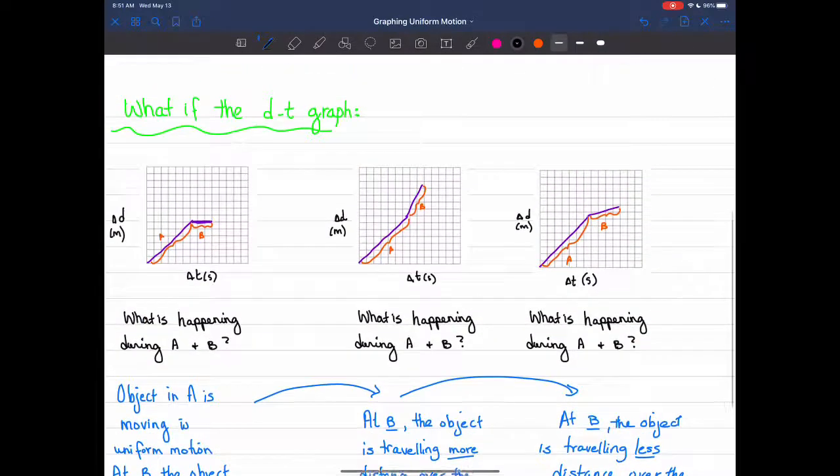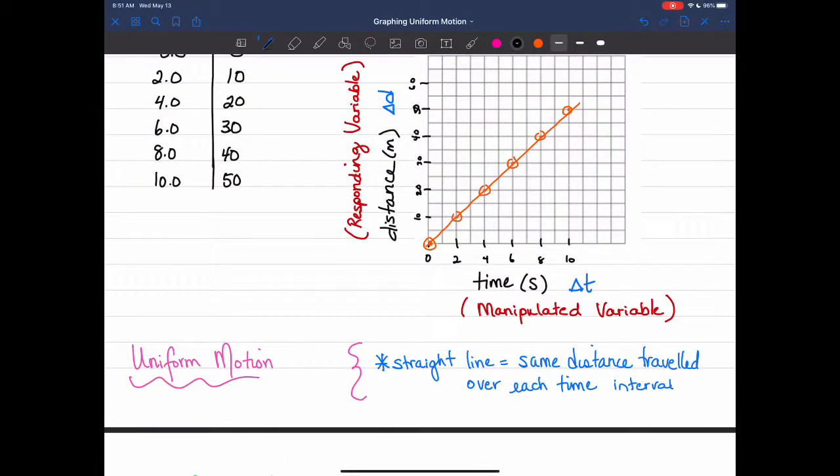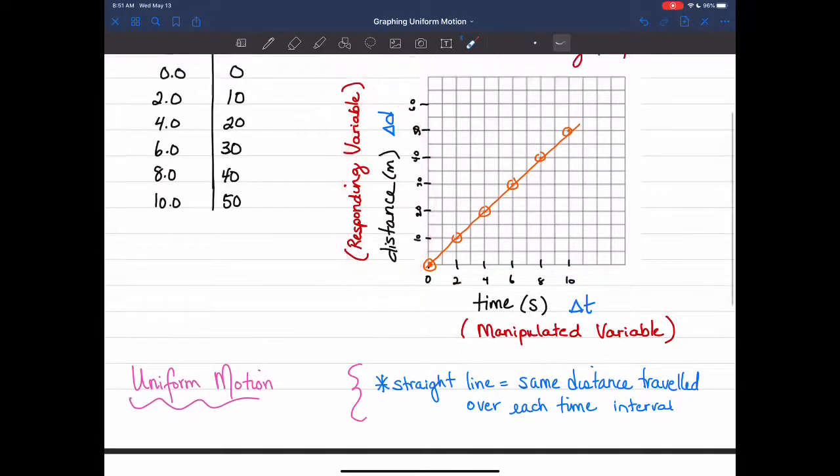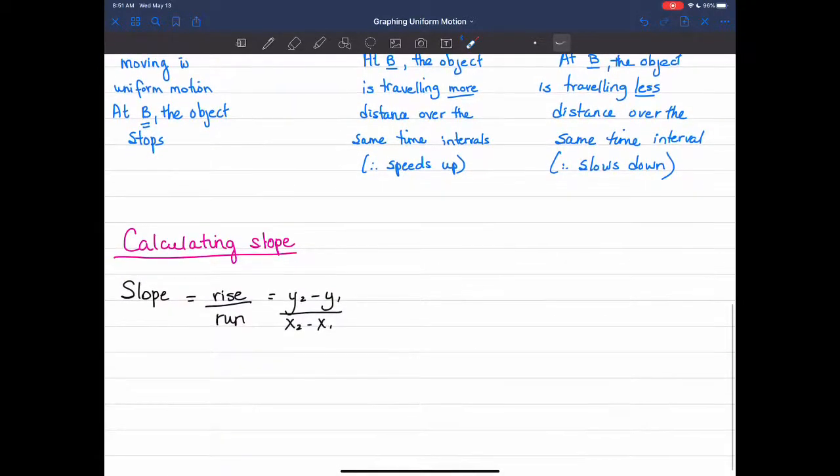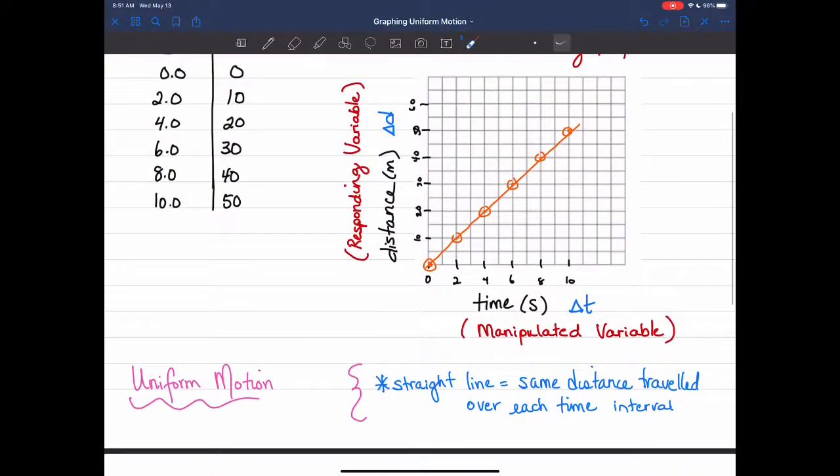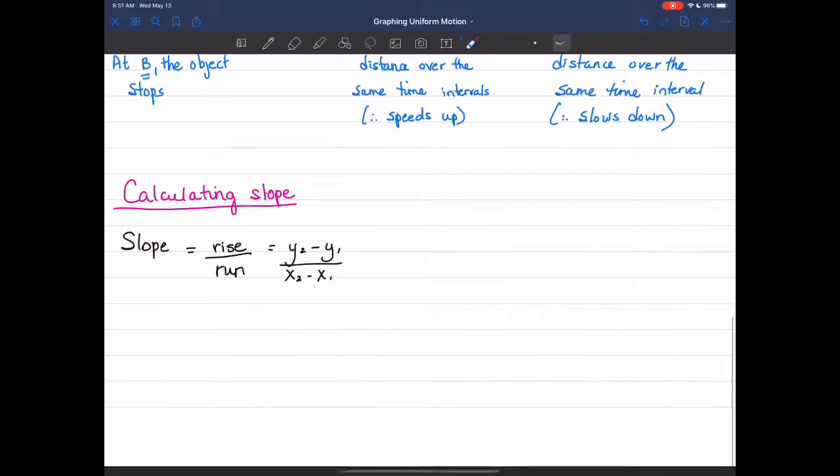When we're looking at our graph, this is our x-axis, this is our y-axis, so when we're doing y over x, we're doing distance over time. So really our slope is our change in distance, y2 minus y1, how much has it changed, and your change in x is your change in time.